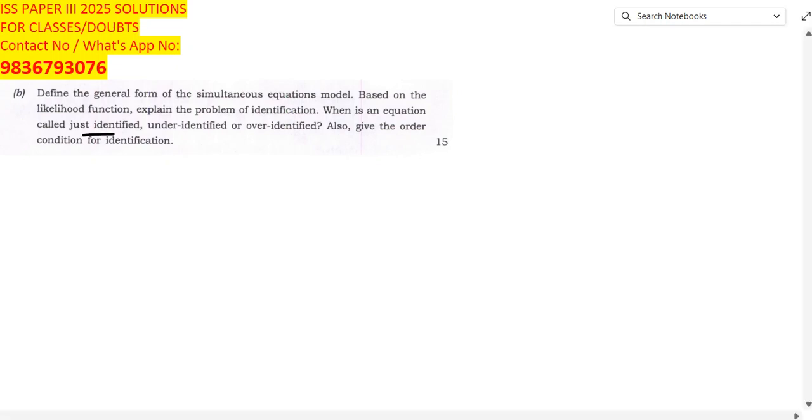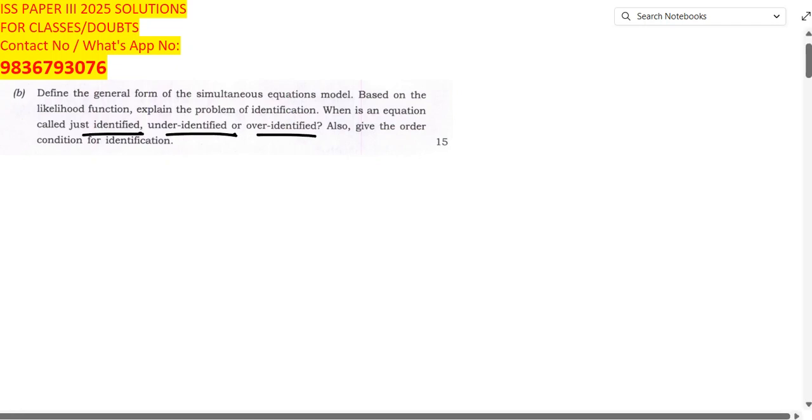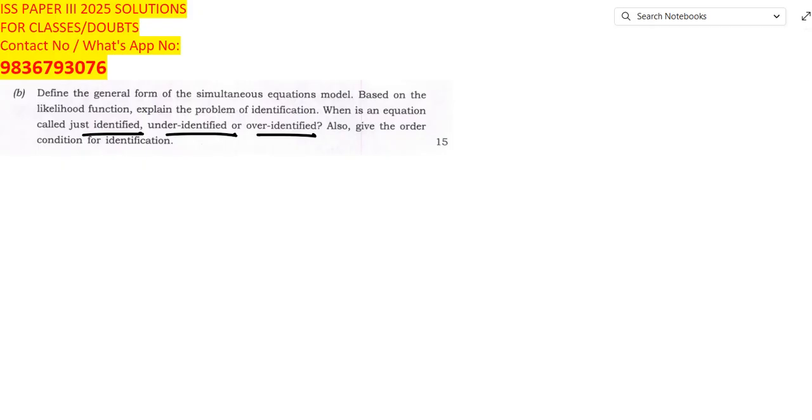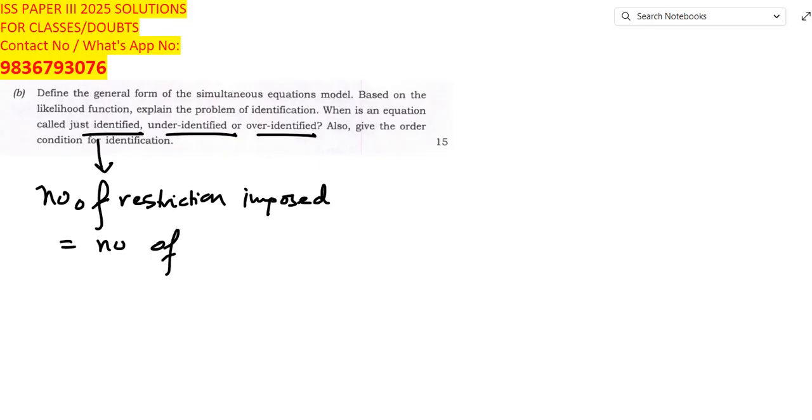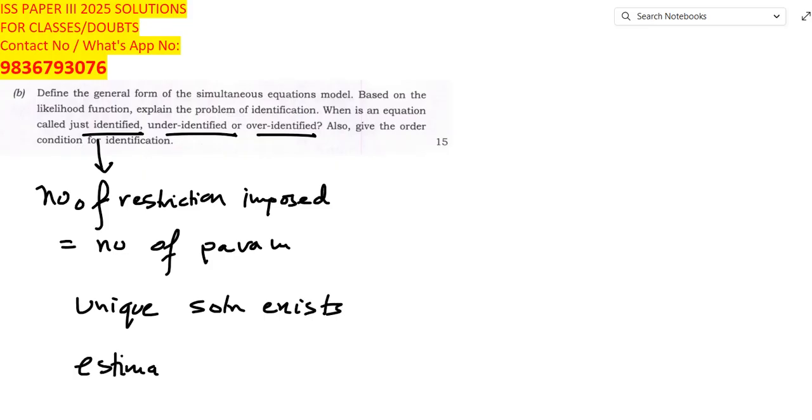Okay. Next, what are the types of identification? So it's just identified, under identified, over identified. Okay. So here it's just identified when the number of restrictions imposed is equal to the number of parameters to be estimated and a unique solution exists, estimable using methods like 2SLS. This is one.